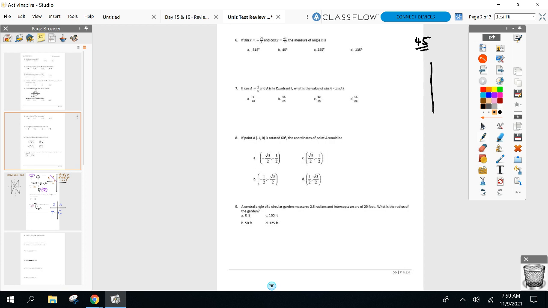So let's think about it. Where would I be if sine is negative and cosine is positive? I'm in the 4th quadrant, right? I could stop here because there's only one choice in the 4th quadrant. Or maybe if there were multiple choices in the 4th quadrant, you guys told me radical 2 over 2 belongs to 45 degrees, right?